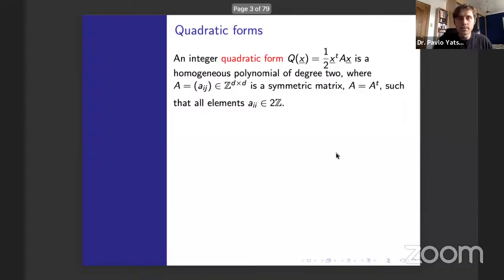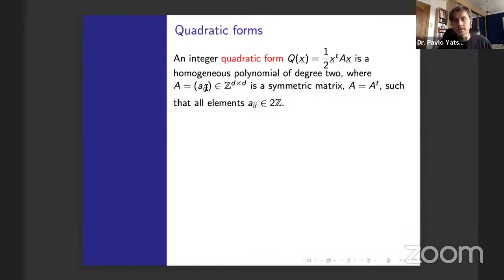So let us begin. By integer quadratic form, I mean we take a symmetric matrix A with integer coefficients such that the diagonal is even. Then our quadratic form is Q of x, where x is a vector of indeterminates, and we take a half of it.